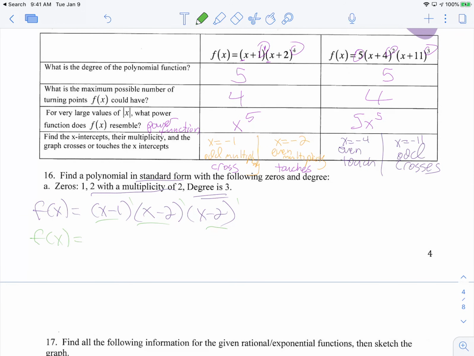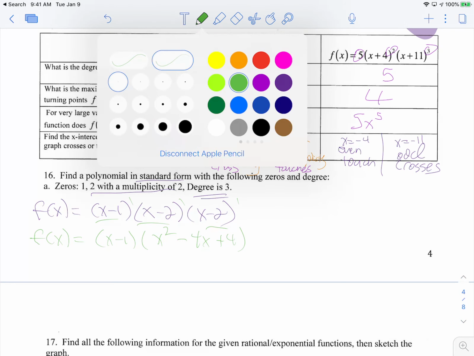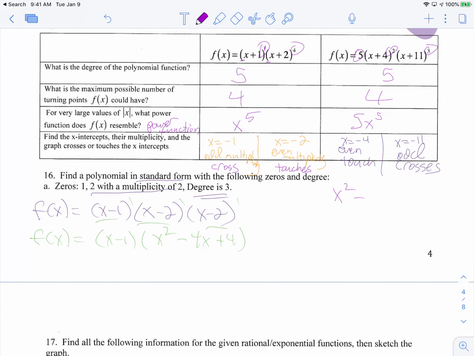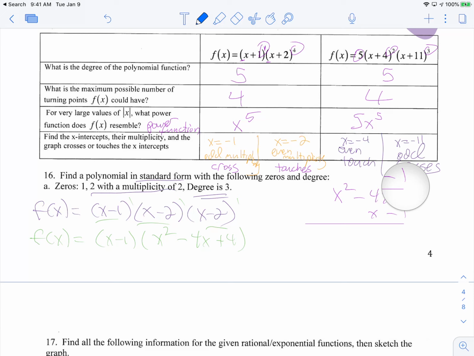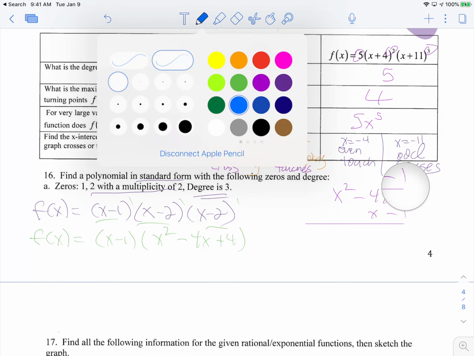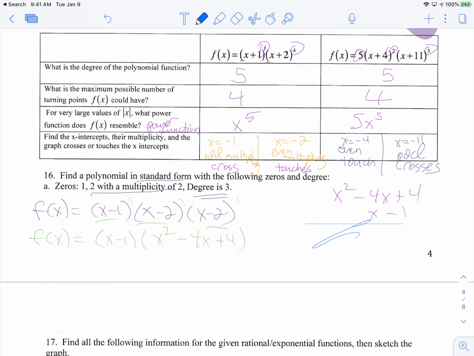So f of x is equal to (x minus 1) times (x squared minus 4x plus 4). And multiplying this out, you can use your arrow method. You could use the method I like, which is this, and times x minus 1. Okay, I don't know why this is not okay. There we go.